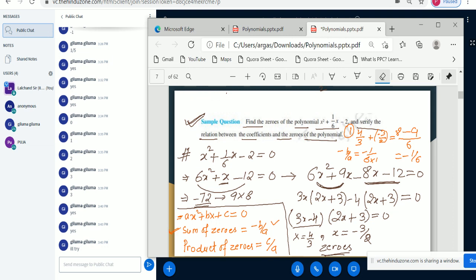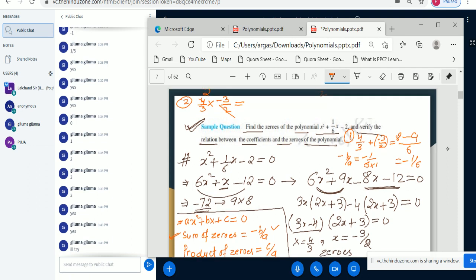Okay, now we are trying to verify the second relation. The second relation is the product. So what is the product? 4 by 3 into minus 3 by 2. If I cancel 2 with 2, 3 with 3, and here is minus 1, so that is equal to minus 2.